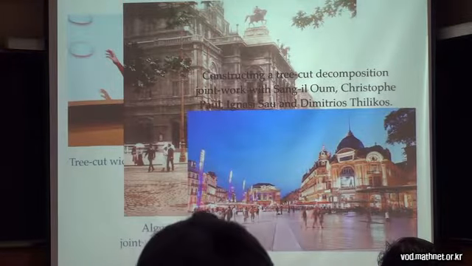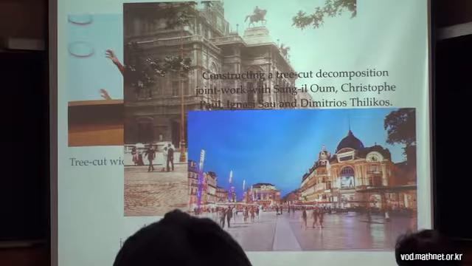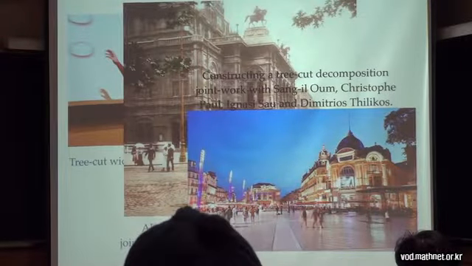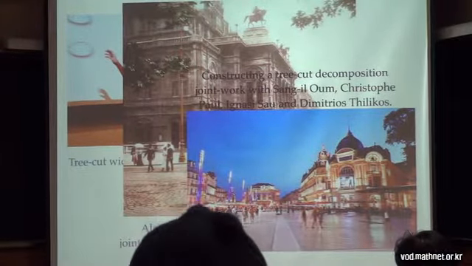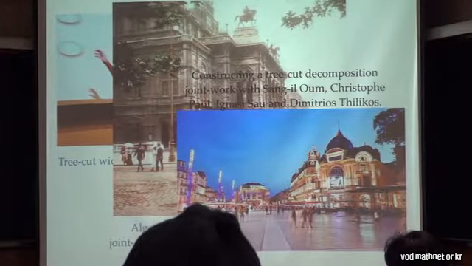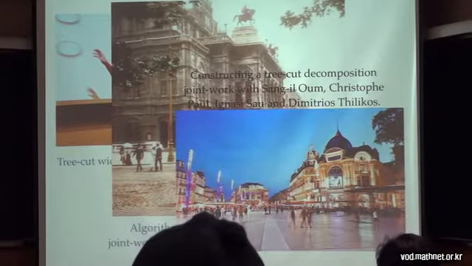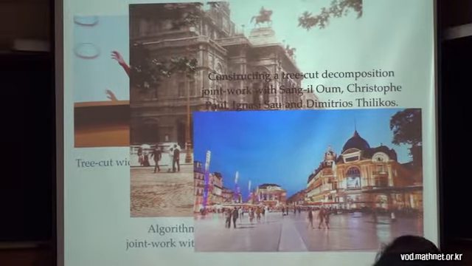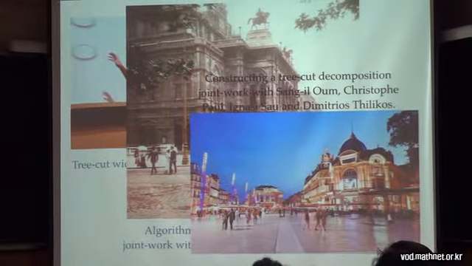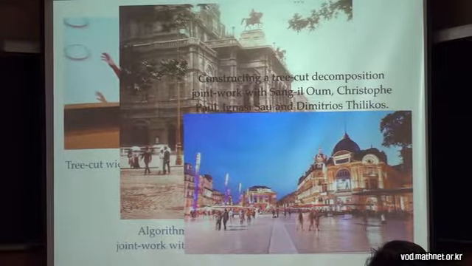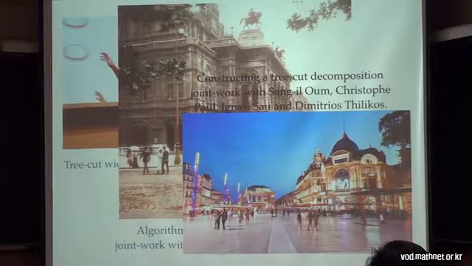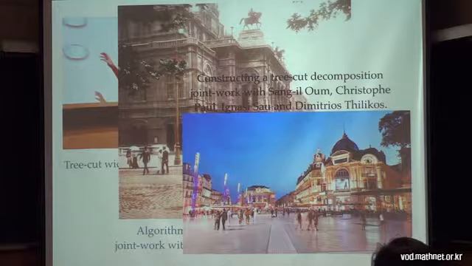And another part of the talk is to show how to construct a tree-cut decomposition of desired width value. So in order to use a tree-cut decomposition, you need to first construct it. And because this notion is relatively new, no constructive algorithm is known.